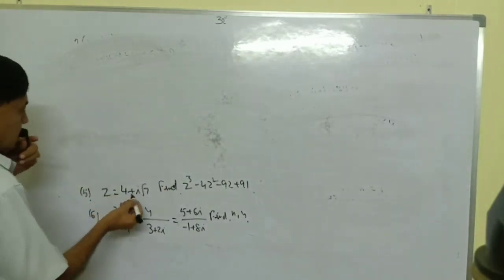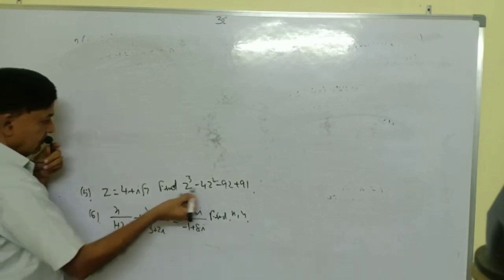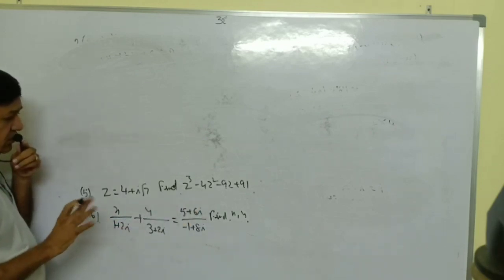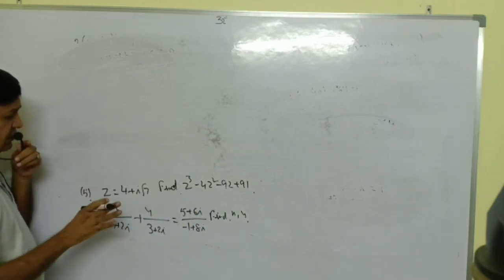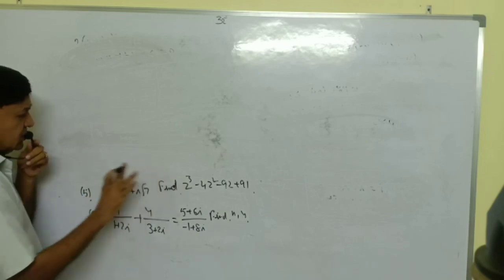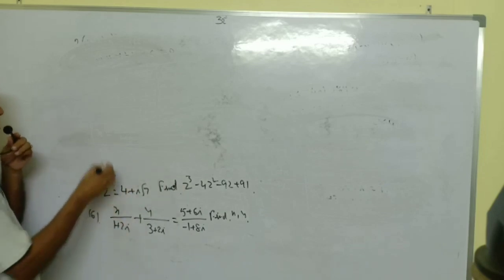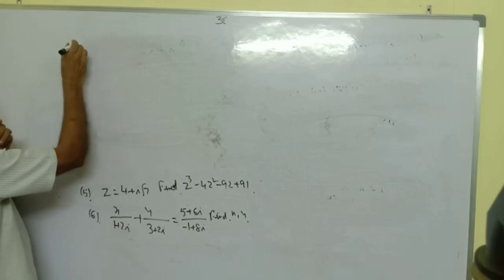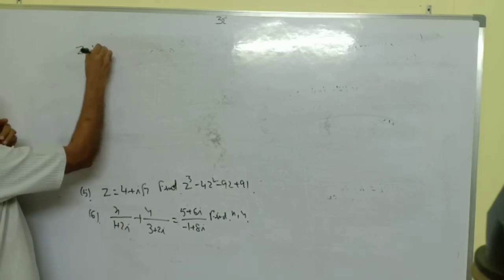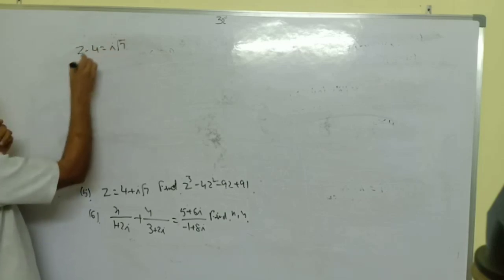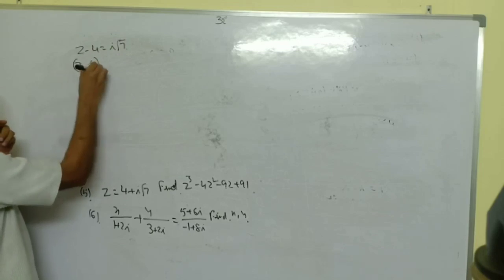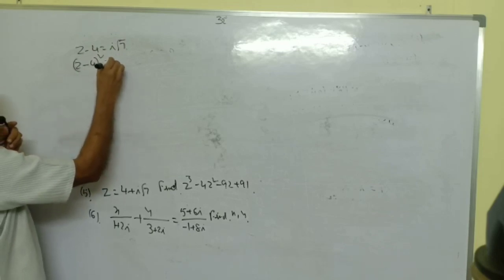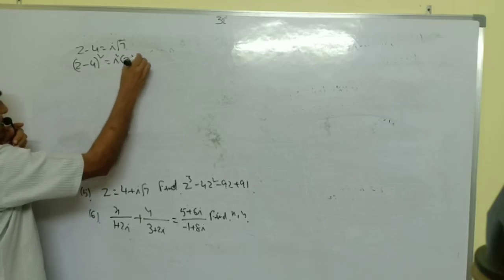See, z is equal to 4 plus i root 7, you have to evaluate this. Usually, I never advise you to directly substitute z here and make it complicated. We will plan like this. Z minus 4 is equal to i root 7. Z minus 4 whole square is equal to i square into 7, which is minus 7.